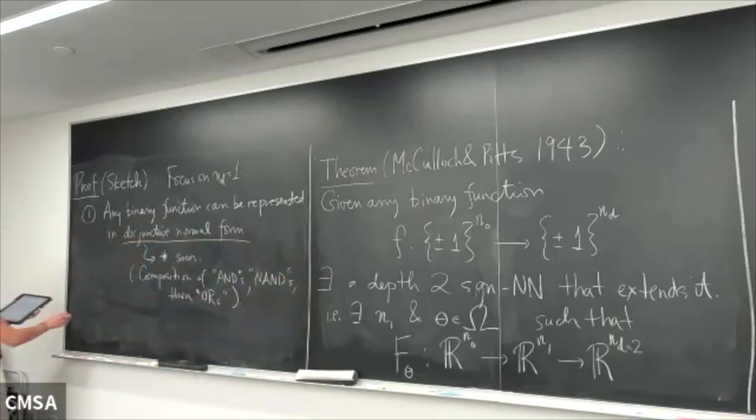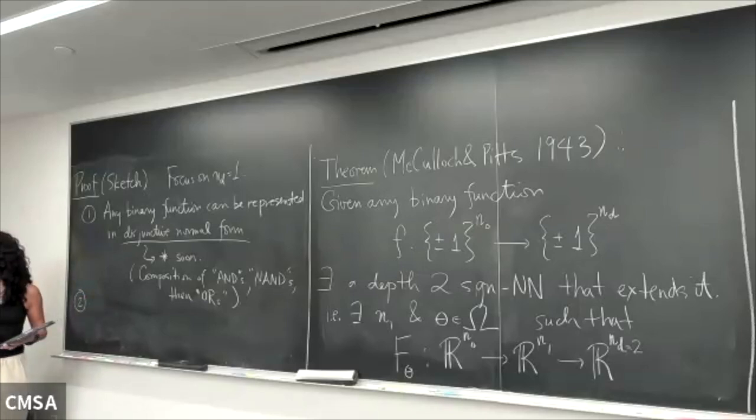And then the second part of this, so the first part is a classical representation theorem for binary functions. And then the second part is about implementing those classical binary functions using the structure of a sign neural network.